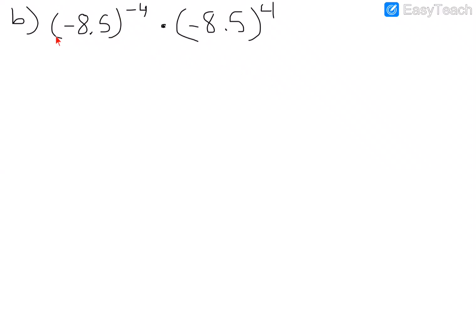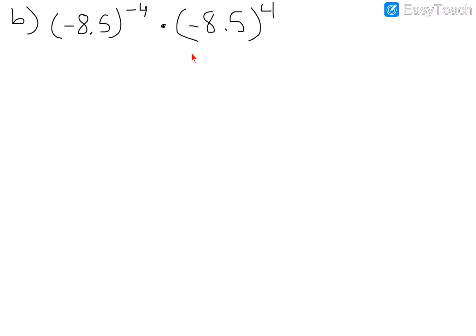If I did not have parentheses, that means just 8.5 would be multiplied by itself however many times the exponent states, and then you would add the negative at the end. So it's very important if you see the problem showing the parentheses that you keep the parentheses, because it does change the answer ultimately.